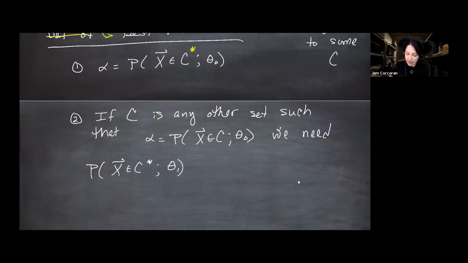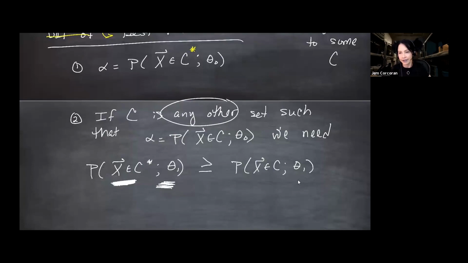And I'm going to leave a space and then write the thing with C. So this is the probability you reject using this test when you should reject because the alternate hypothesis is true. And then the first thing I wrote down is the probability you should reject in the best test when you should reject because the alternate hypothesis is true. So you want that to be larger for any other C.